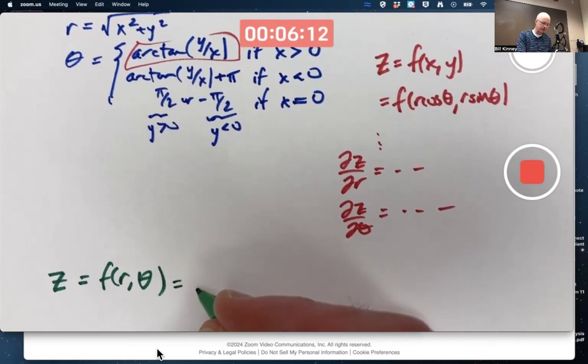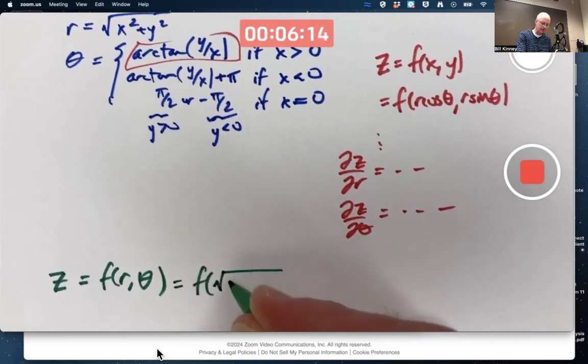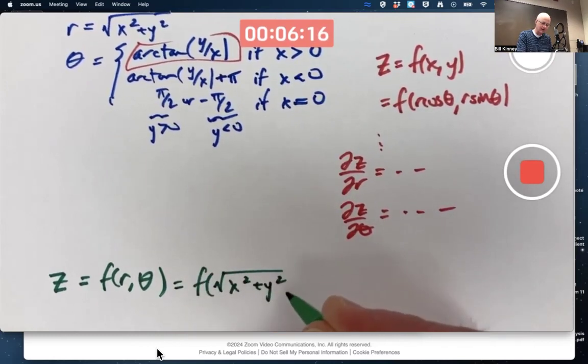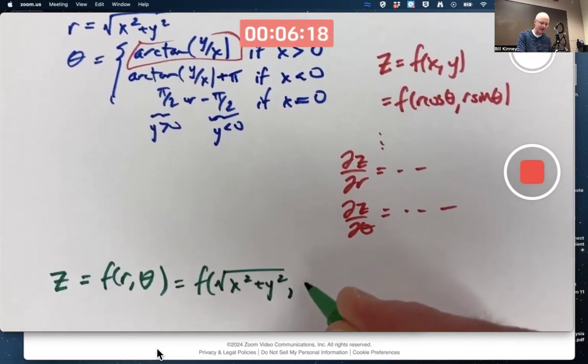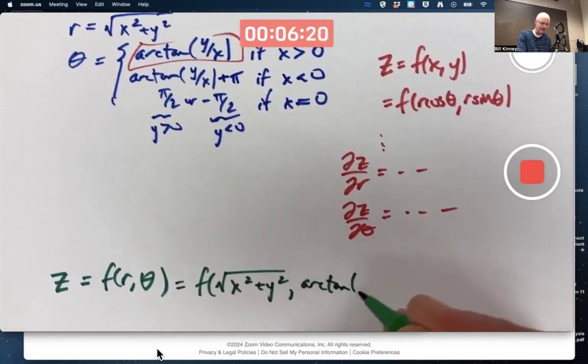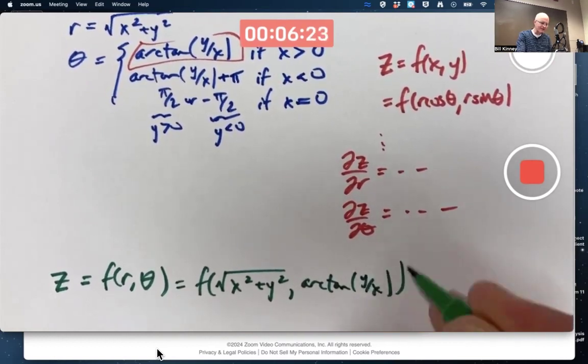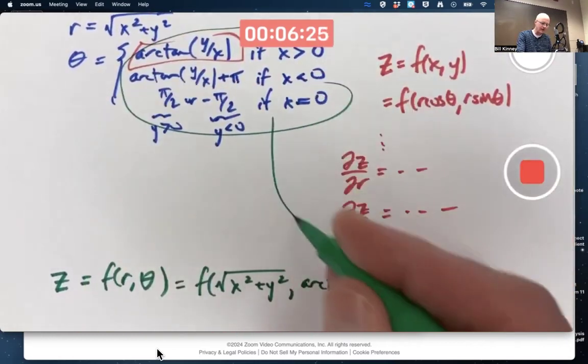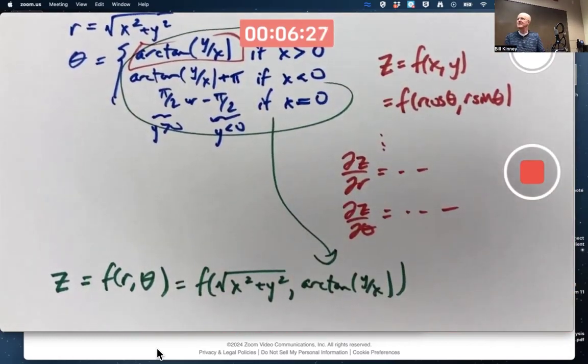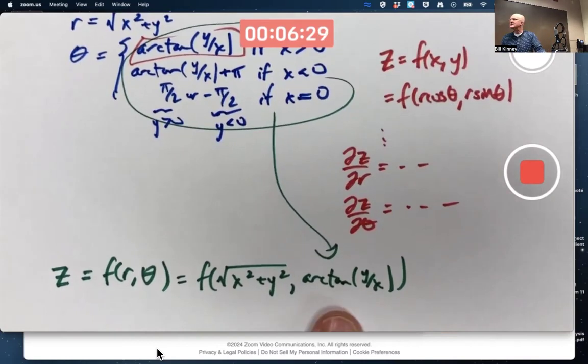Effectively, you can replace r with square root of x squared plus y squared, and replace theta with arctangent of y over x. Or maybe this more general kind of crazy thing here. It gets a little confusing. But just to keep it simple, pretend that works.